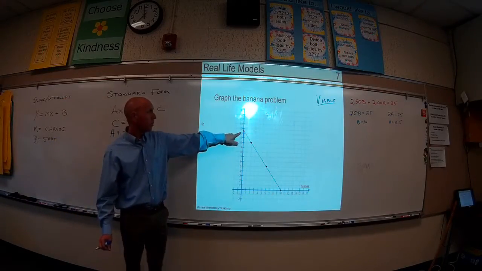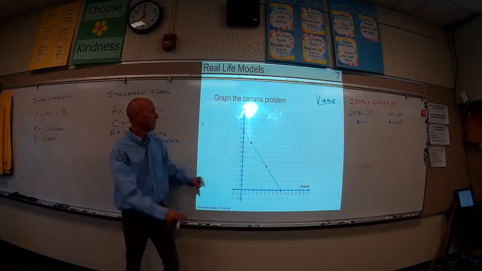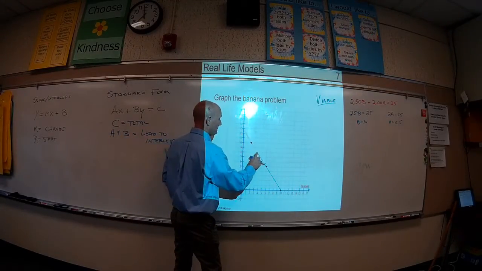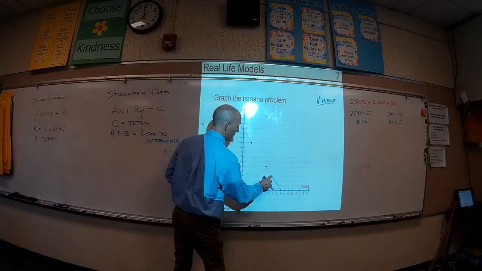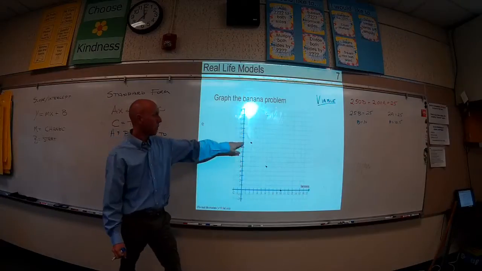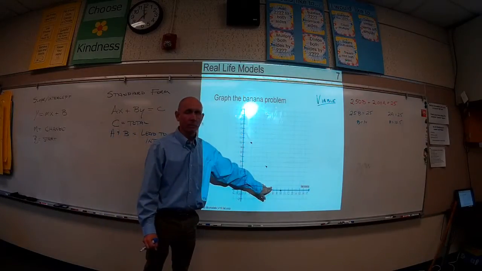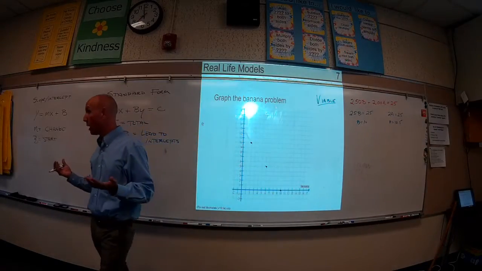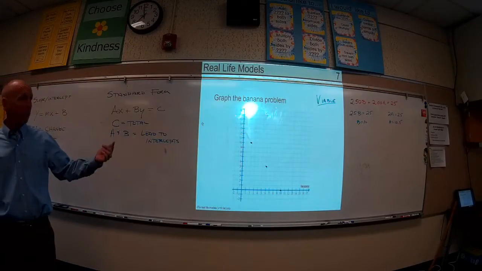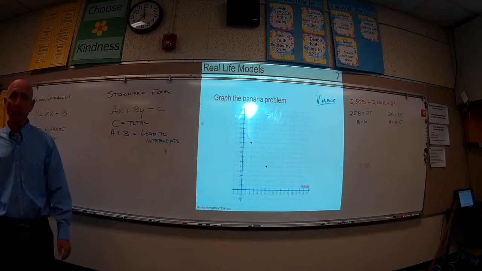Is this a viable solution? 12 and a half. No. So really, those are the only possible things you could even do. These are the viable solutions. The line is correct. That's the line of the graph. But the viable solutions are those 3 points.